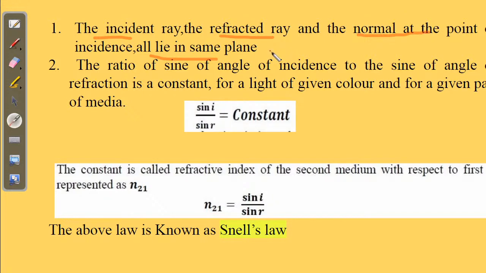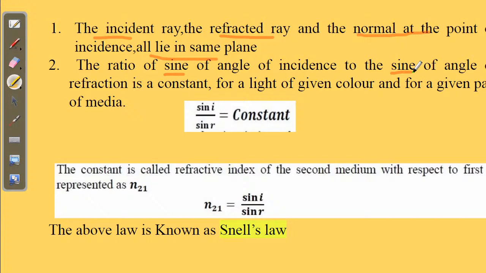Now the second statement you might have some difficulty understanding because you are not familiar with this particular term, sine. This is something that you are going to learn in your mathematics classes, in the 10th standard trigonometry chapter.